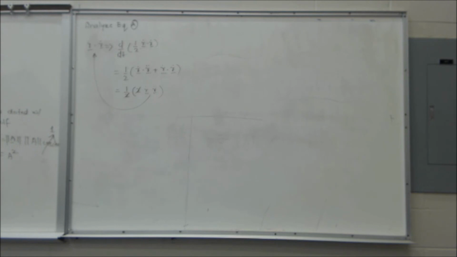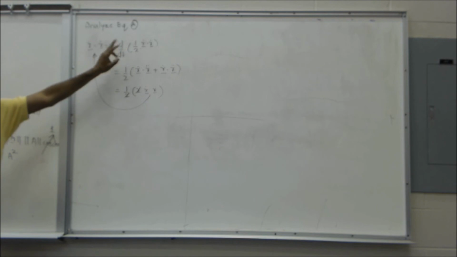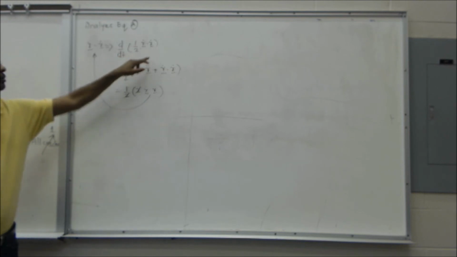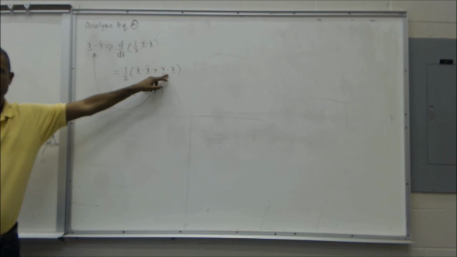So I'm analyzing this term, and this term can be written as d by dt of half R dot dotted with R dot. What we did was d by dt of half R dot dotted with R dot.